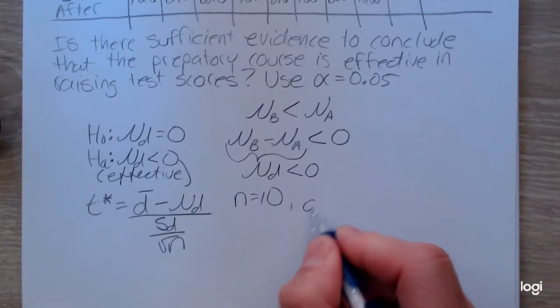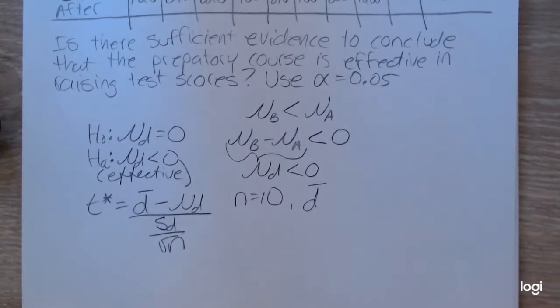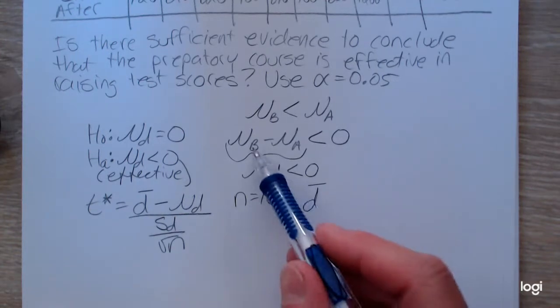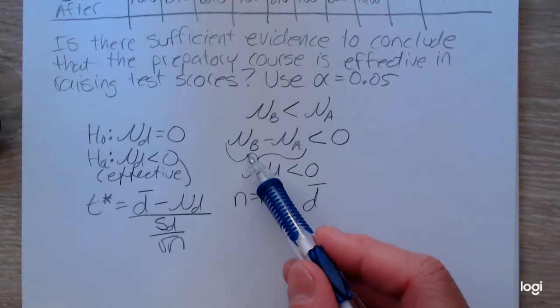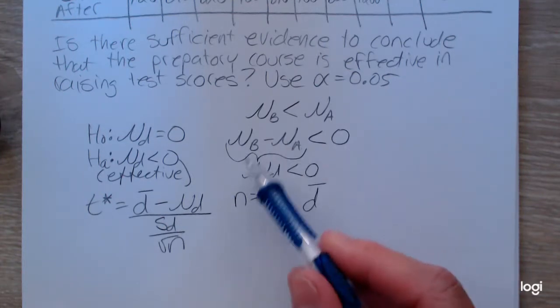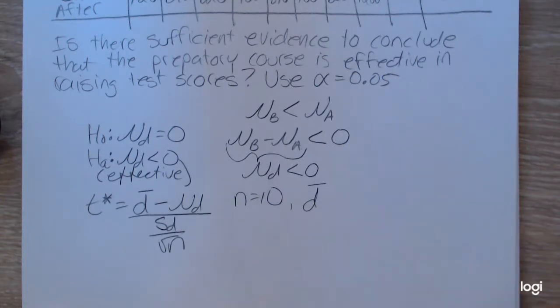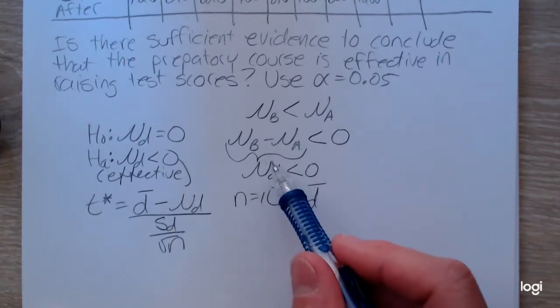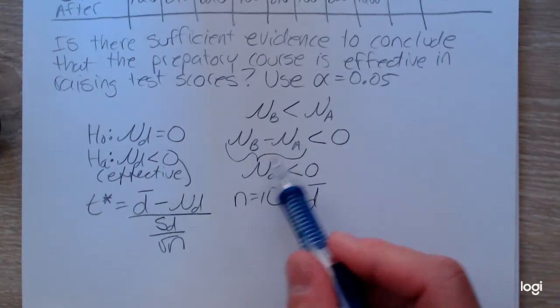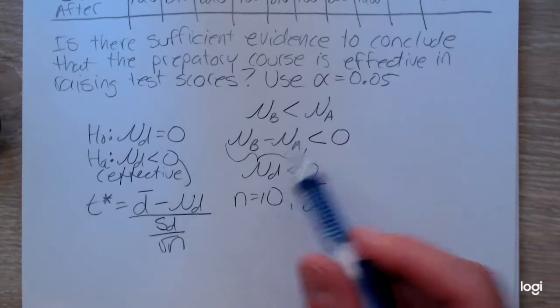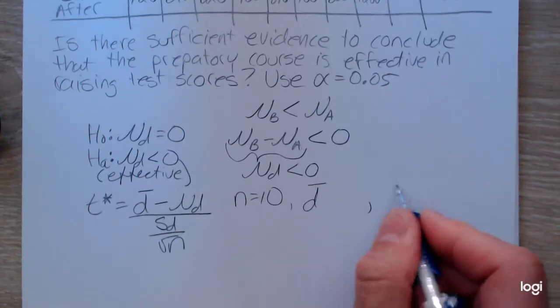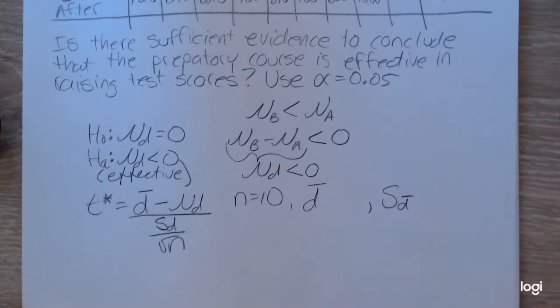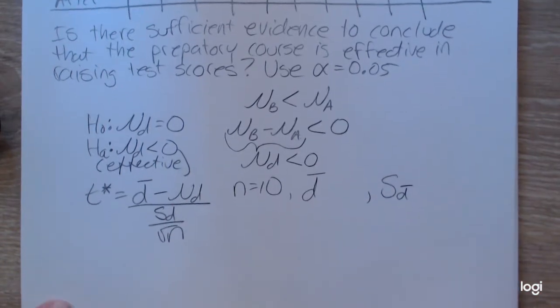We just need d bar, the sample mean of the differences, and looking at our order of subtraction, we want to subtract the after from the before and get a new row or column of data, which will be the differences for each before and after. And we also need the standard deviation for the differences.